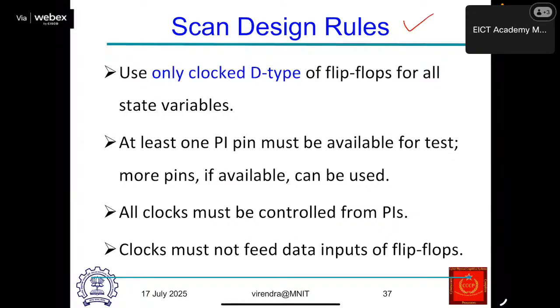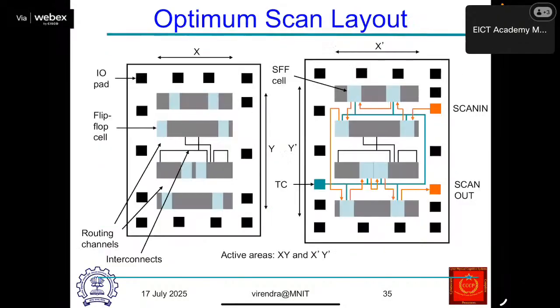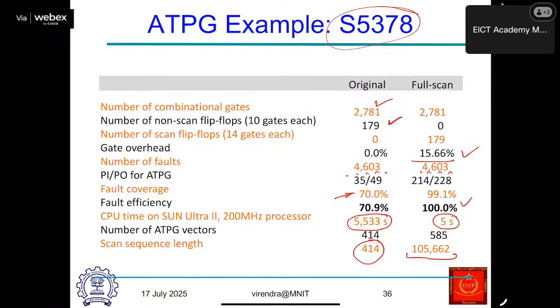He's asking whether 5 seconds is to generate the test vector or to apply the test vectors. In the previous slide, you mentioned 5000 seconds and 5 seconds. So if I use the combinational ATPG, it takes 5 seconds, because I take the combinational part, convert all the flip flops into primary inputs and primary outputs, and give it to the combinational ATPG.